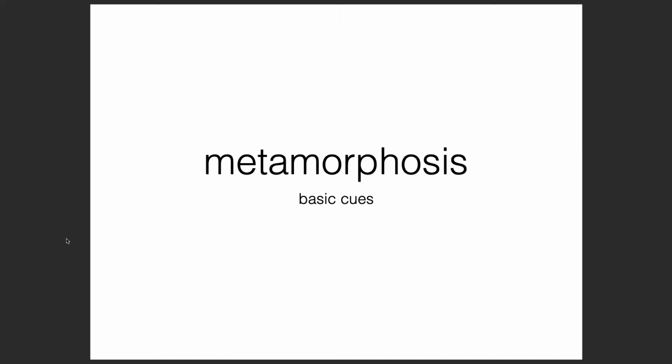We see less metamorphosis. So a few basic cues to cover. When we talk about metamorphosis, there's a few basic things that happen that we'll call cues, and it's important to remember that these rarely happen in isolation.